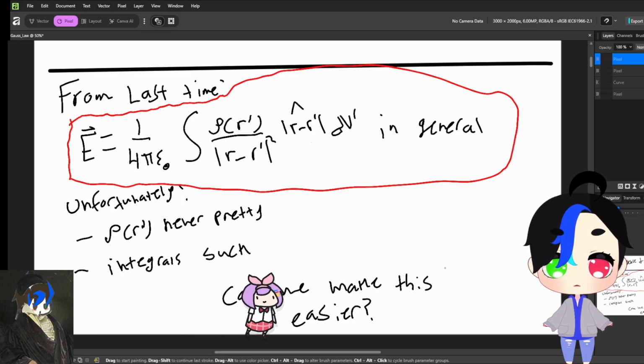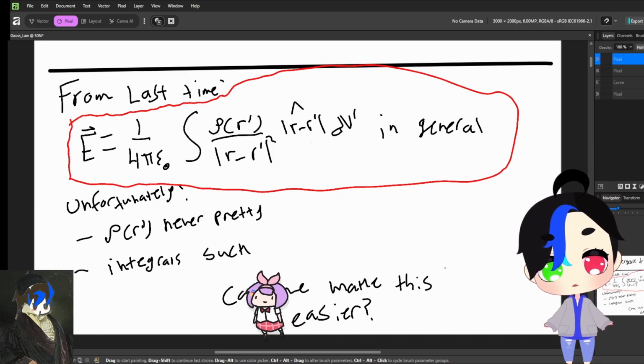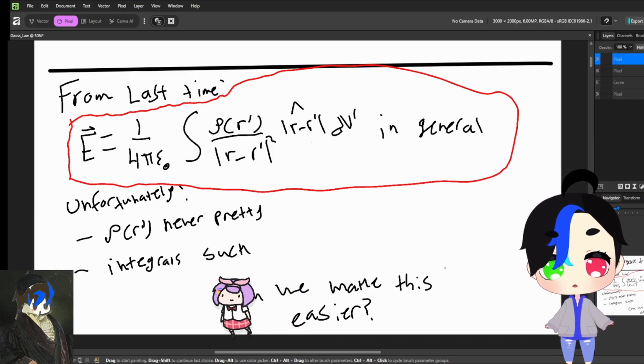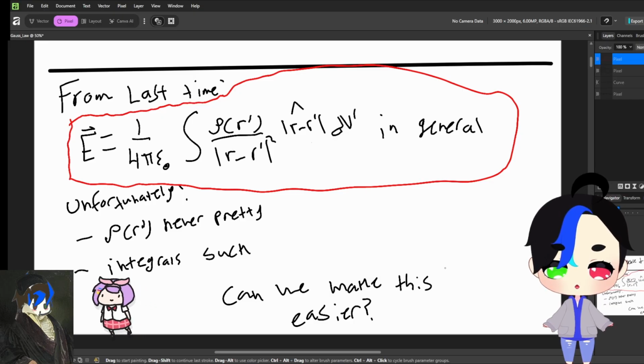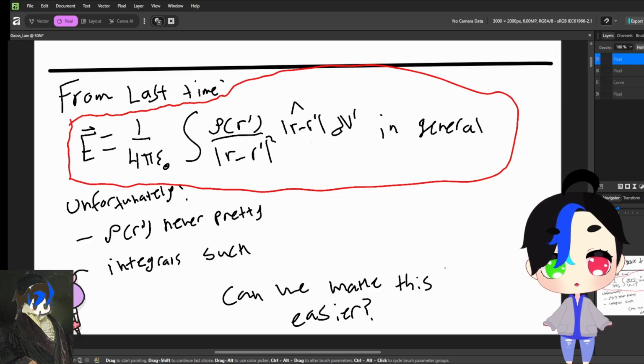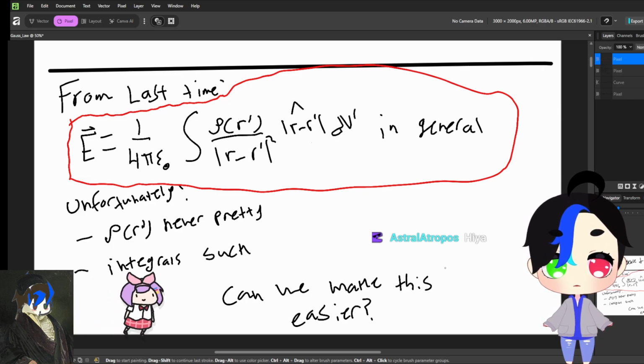Even if you have symmetry like a cylinder or a sphere, it causes problem number two with this formalism, which is integrals suck to do. I don't know where Aleph stands on this, but actually calculating integrals is never fun. The entire goal of physicists is to avoid actually calculating as many integrals as possible.